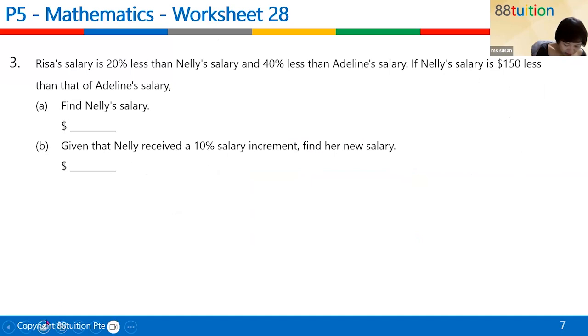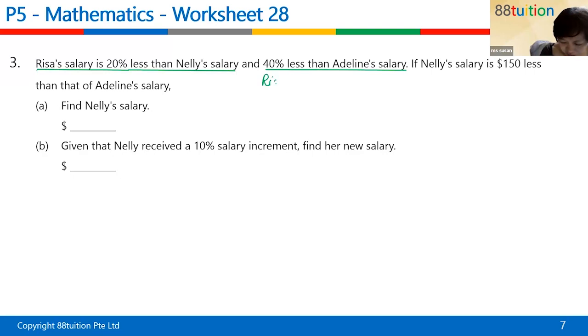What it is all about here is talking about Risa's salary is 20% less than Nelly's and 40% less than Adeline's. For this one, I would want to use the so-called column.